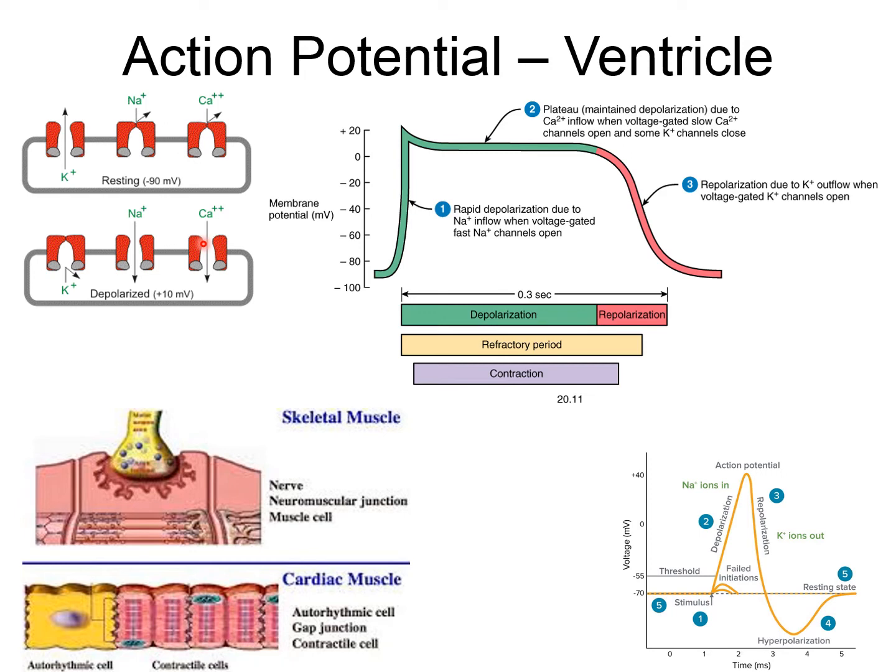The skeletal muscle cells conduct action potential in 2 milliseconds, and the heart muscle conducts action potential in 200 to 500 milliseconds. So action potential in cardiac muscles is slow to complete as compared to the action potential in the skeletal muscles.